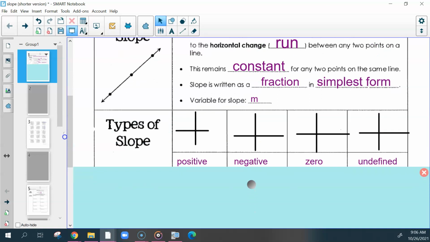When you have slope from a graph, you guys don't have this, so I would draw in these x and y axes. They're all supposed to be equal, so they're all the same shape. These are just your x and y axes. I'm going to actually draw in the graph here in a second.